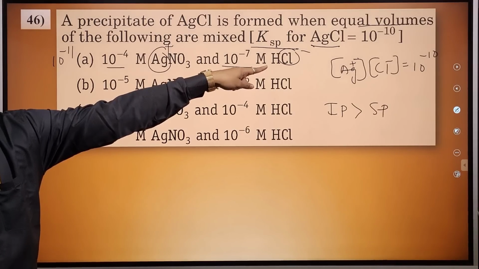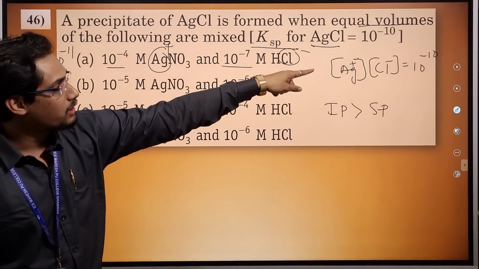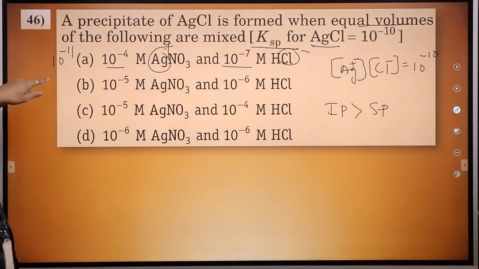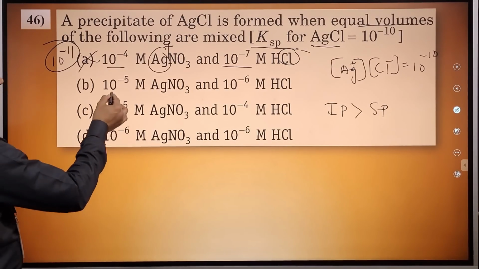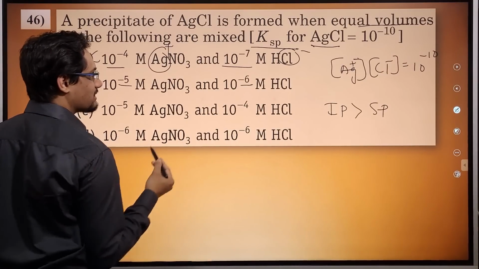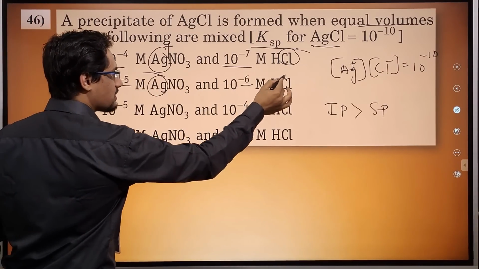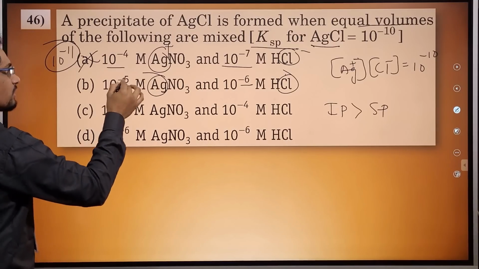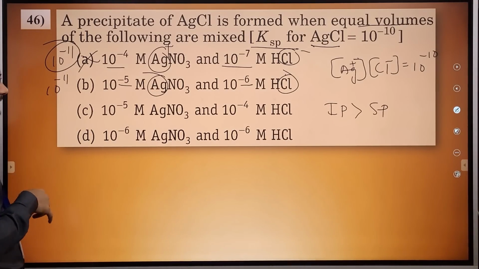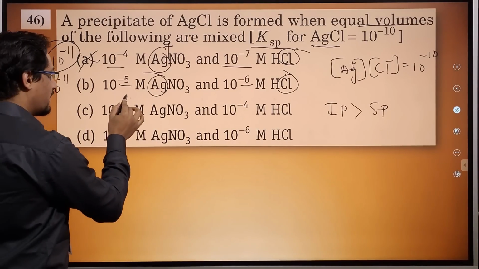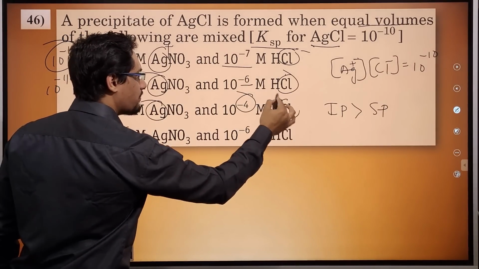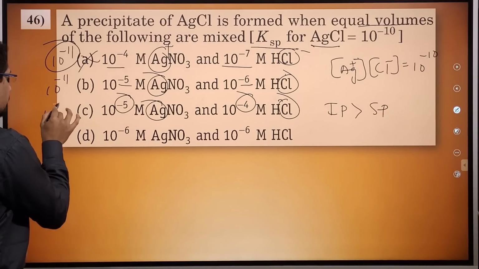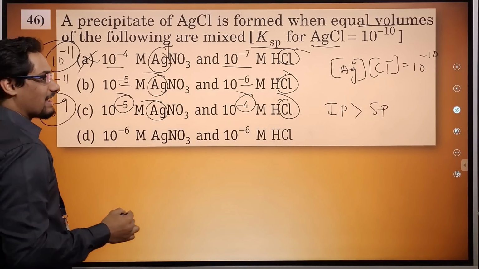Here we have the powers in terms of minus, so be focused. 10 to the power minus 10 is greater than 10 to the power minus 11. So this is smaller, so it will not precipitate. Next, 10 to the power minus 5 and 10 to the power minus 6, that is Ag plus Cl minus, so it would be 10 to the power minus 11, which is smaller. Next, 10 to the power minus 5 and 10 to the power minus 4 gives 10 to the power minus 9, which is larger.